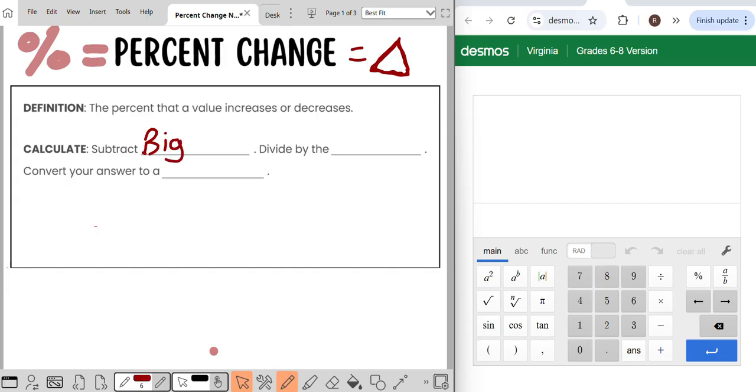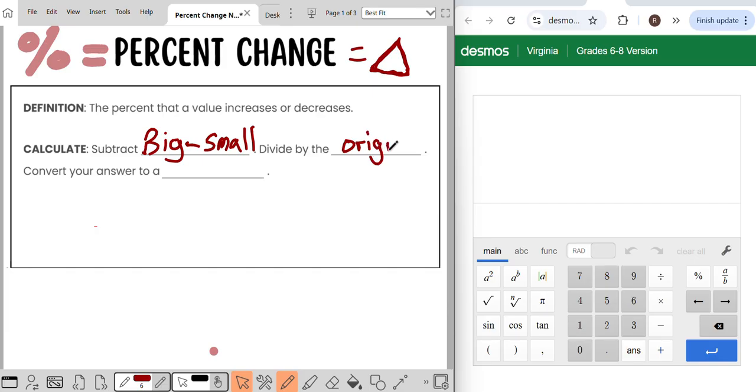Then you're going to find the smallest number in the problem, and you're going to subtract the smallest number. I always start big with an uppercase B, just to remind me that I need the big number minus the small number. Then you're going to divide that difference by the original number.